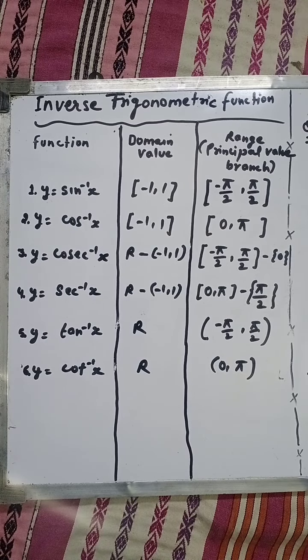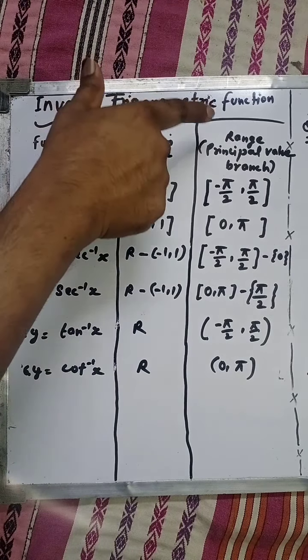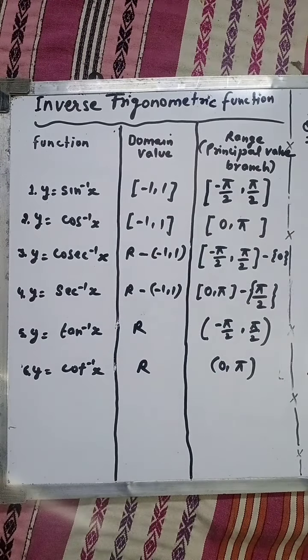First of all we should know that these inverse functions are valid only in a certain range. The range of these functions is written here. You can see the range. The inverse functions are possible only within this range. Got it? And this is the domain.